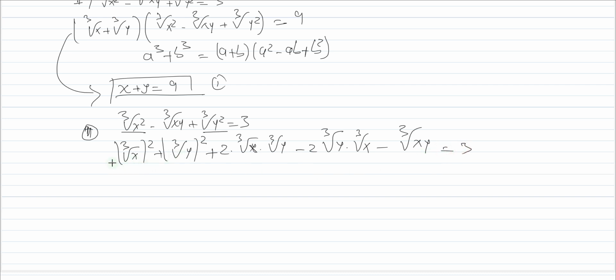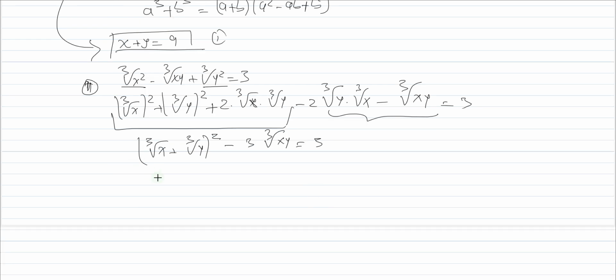Now we have a perfect square, which is the cubic root of x plus the cubic root of y, all squared, and then minus 3 times the cubic root of xy, and this is equal to 3.